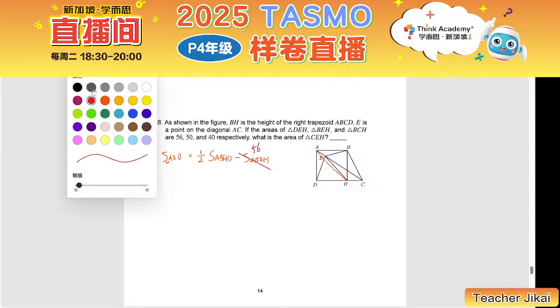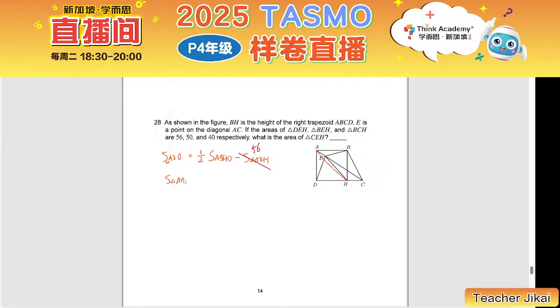And then how can we form another half model here? It is the ABH, right? The triangle ABH, which is composed by three triangles, AEB and BEH and AEH, which is also a half of the ABHD.